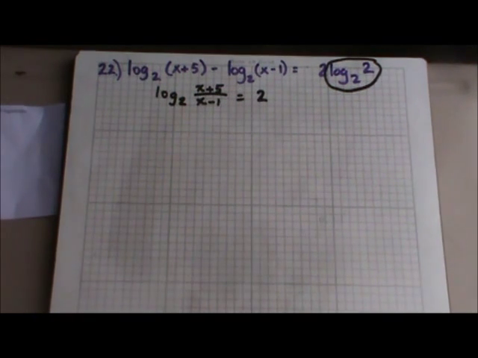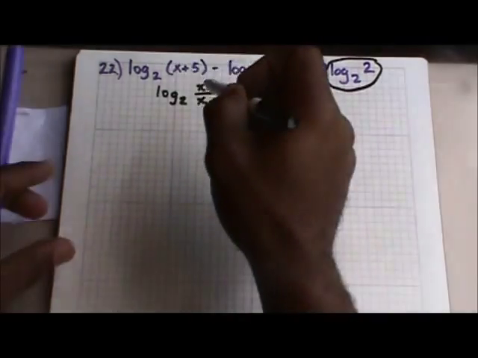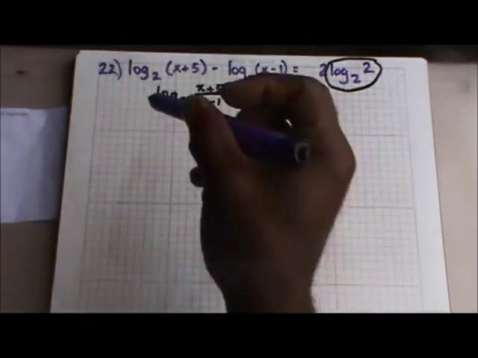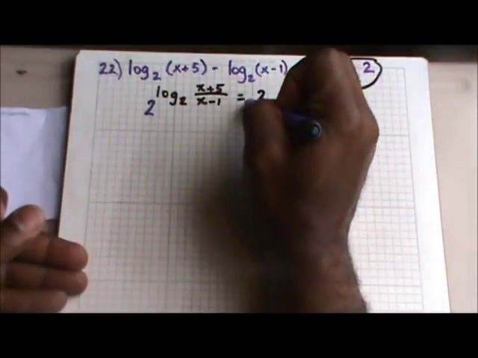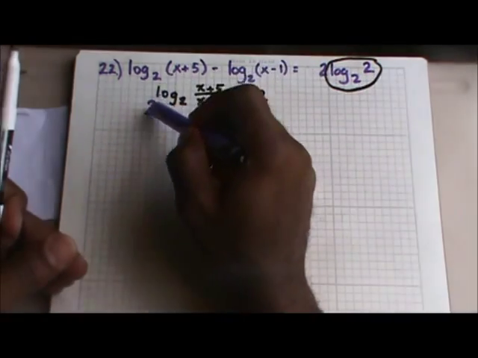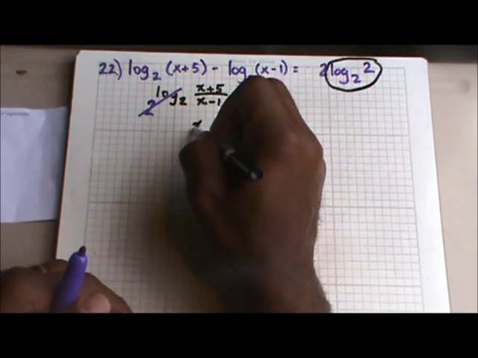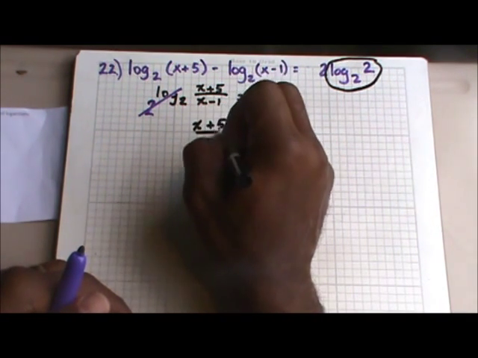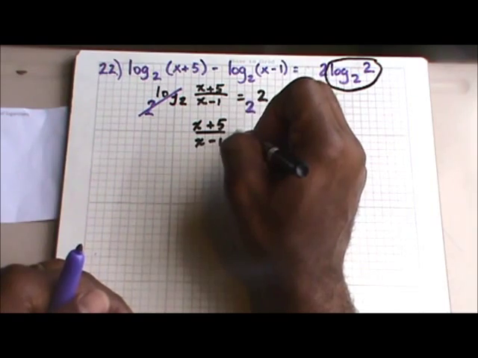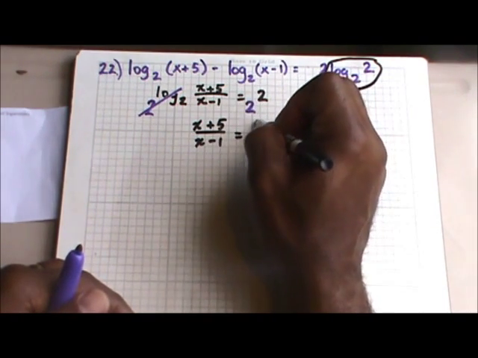From here, we want to get rid of the log base 2, and in order to do that, we raise everything up to a 2. That cancels. We have x plus 5 over x minus 1 is equal to 2 squared, which is 4.